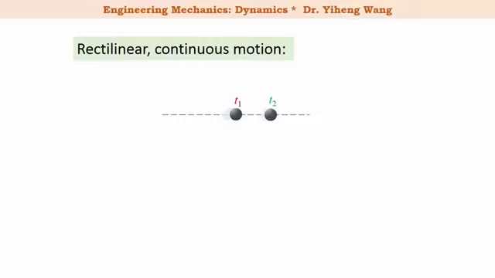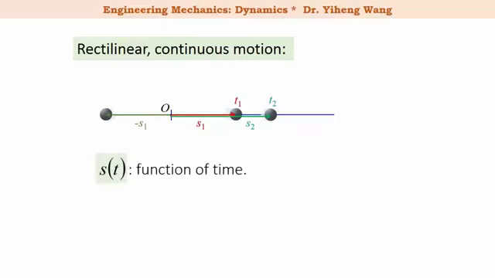But since it is a rectilinear motion, we can simply set up a one-dimensional axis along the path, choose the origin to be a convenient point, and represent the positions using vectors drawn from the origin, s1, s2, etc. Since here s is a vector, negative s indicates a position in the opposite direction to the origin. Once again, the position s is a function of time.